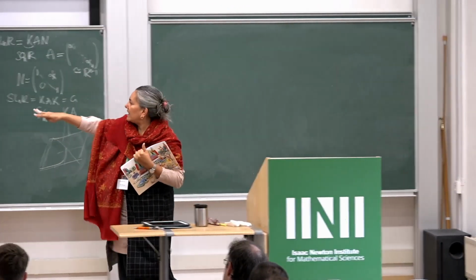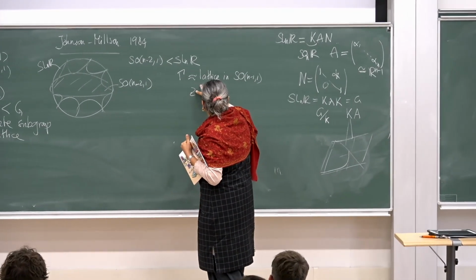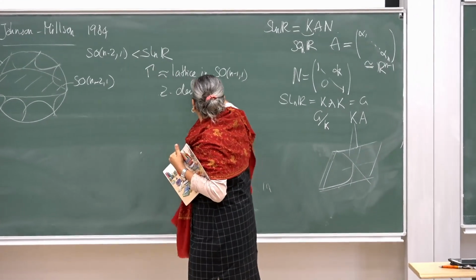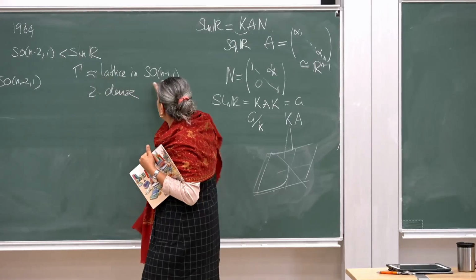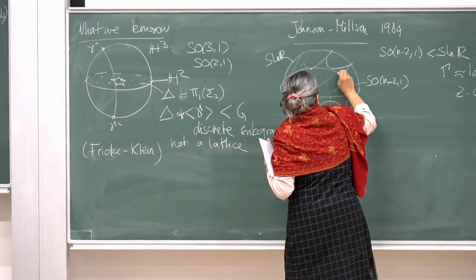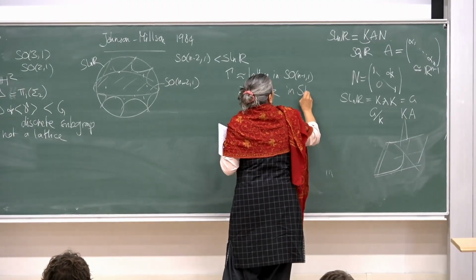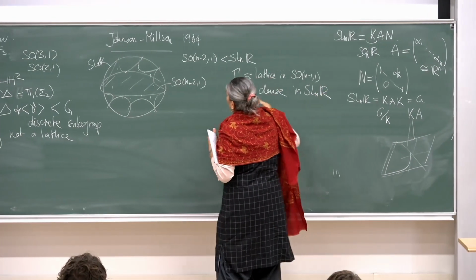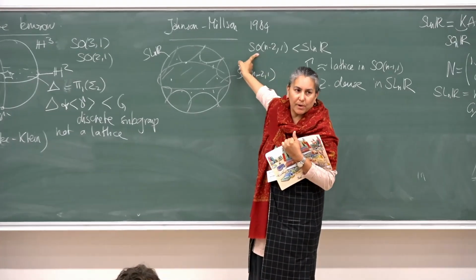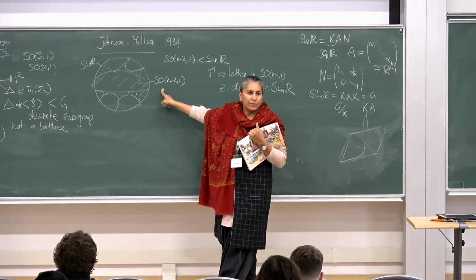They put it in SL_n in such a way that they create a lattice in SO(n-2,1), which sits Zariski dense in SL_n(R), but that intersects this copy of SO(n-2,1) in an actual lattice in SO(n-2,1).